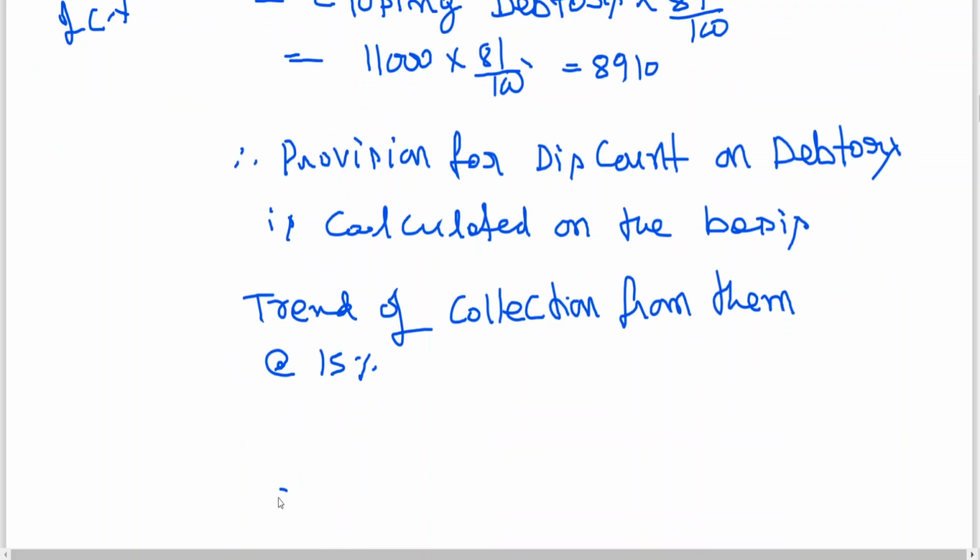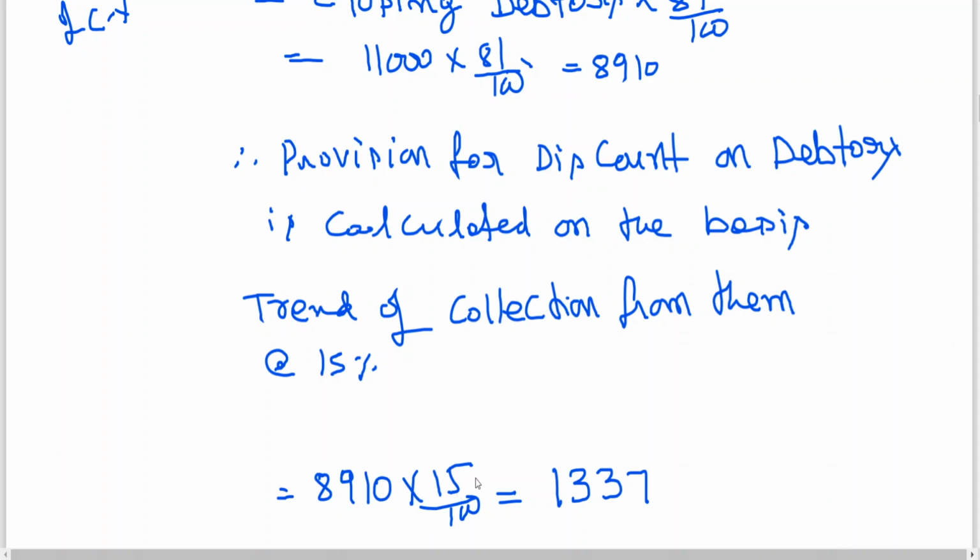That is equal to 8,910 into 15%, which is coming to 1,336.5, nothing but 1,337. That means closing debtors is 11,000.